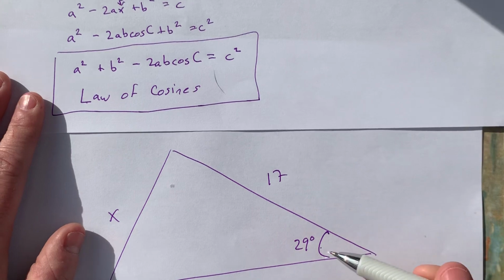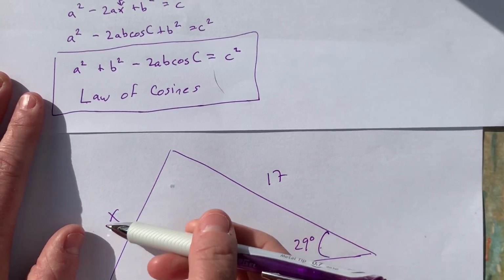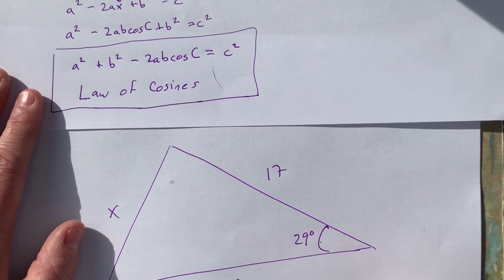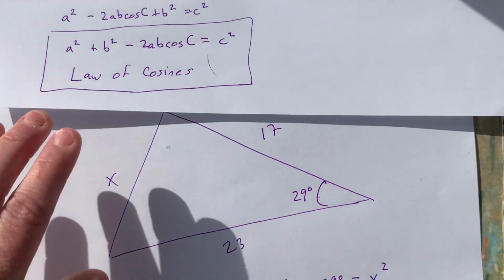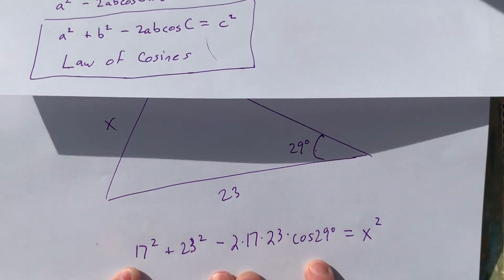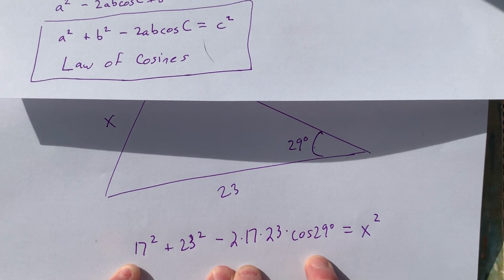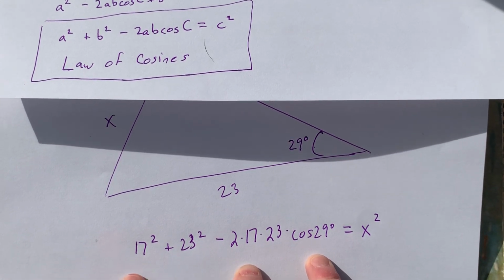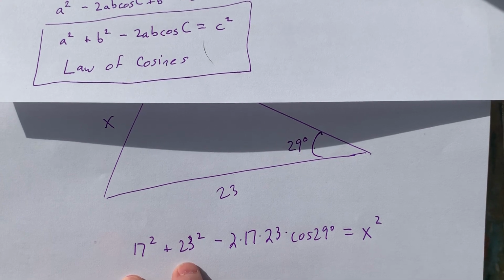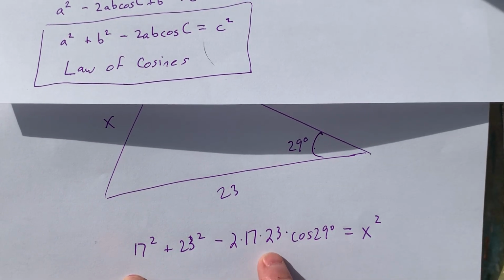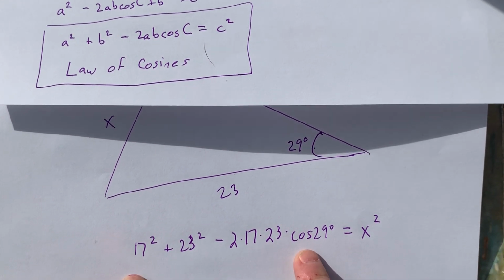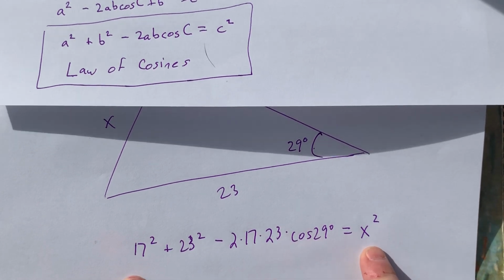That was the side that was across from the angle that's contained. So is equal to x squared. And now you just got to put this bad boy right here into your calculator. Okay, use parentheses if you feel like you need to. 17 squared plus 23 squared minus 2 times 17 times 23 times cosine 29. Hit equals, take the square root of it.